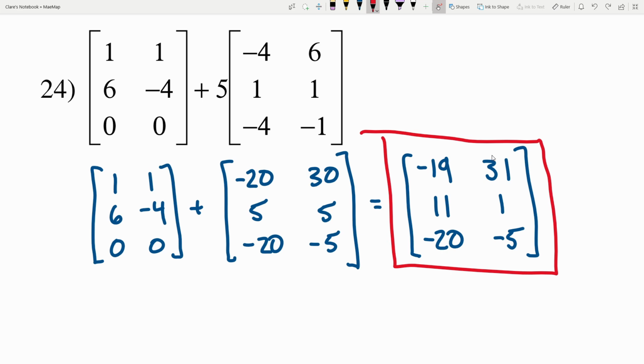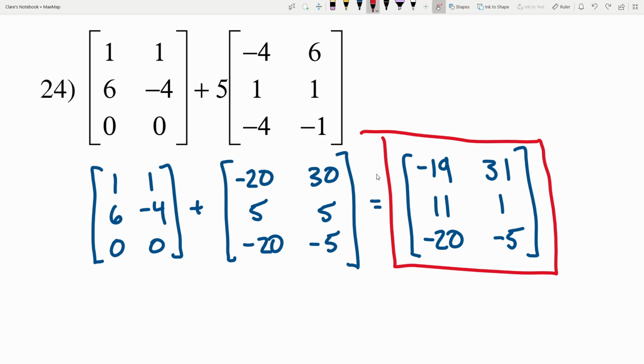Now on this worksheet, we were lucky enough to be able to add or subtract or scale everything. Nothing we had was undefined. But again, if there was something that was undefined, it would have been if we were trying to add or subtract matrices that were not the same size. The number of rows has to match the number of rows, and the number of columns has to match the number of columns in order to add or subtract matrices.